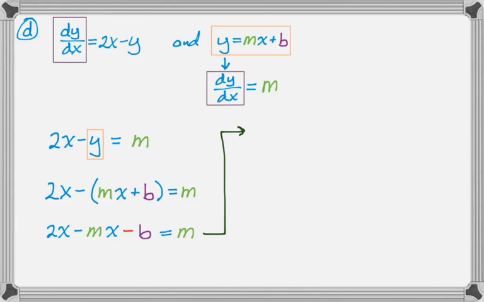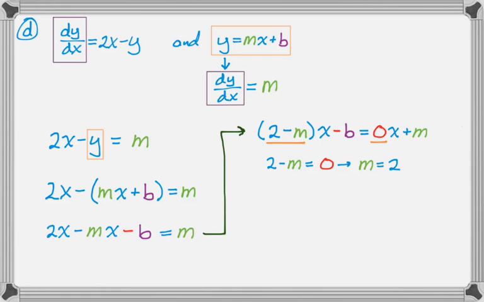I'm going to factor a tiny little bit. You get this. And then there's no x on the right-hand side, so I'm actually going to add in a 0x. So I have 0x plus m. So I have the quantity (2 minus m)x, minus b equals 0x plus m. Now I'm just going to equate coefficients. So 2 minus m must equal 0 because those are the coefficients of x.